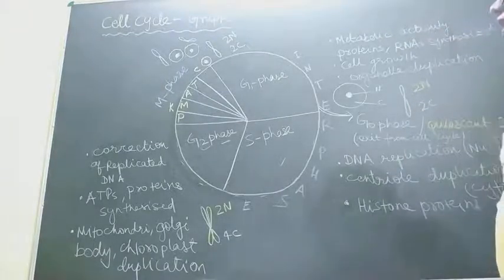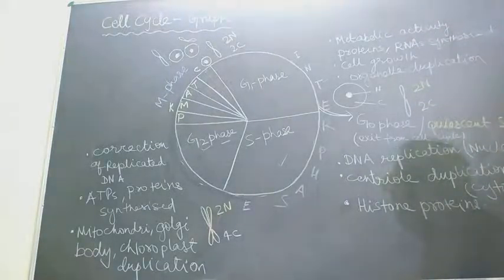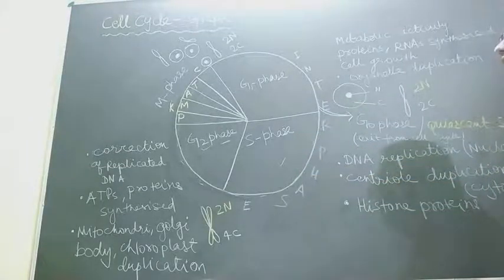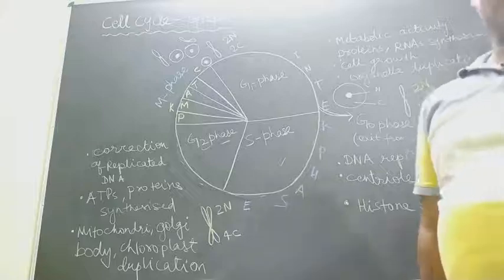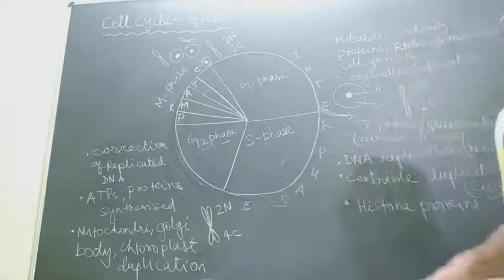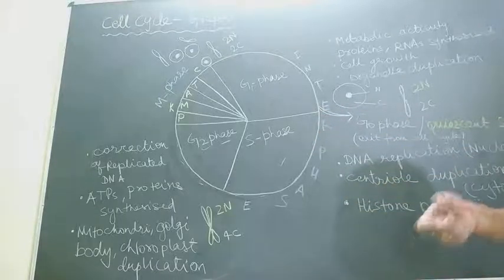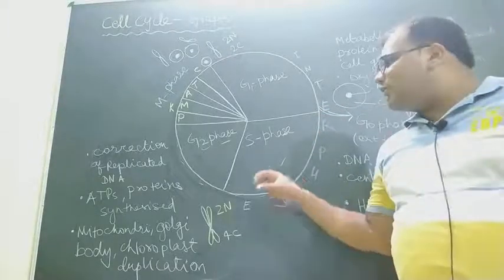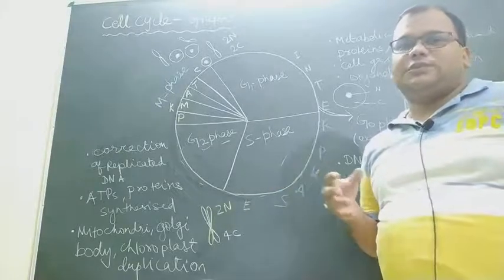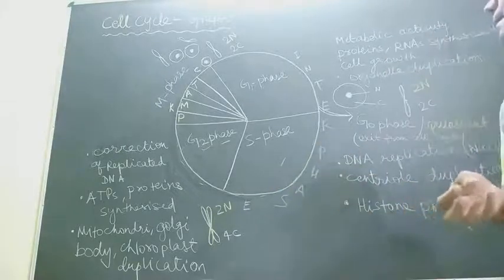One more thing is related to this topic, that ये जो सारे events हो रहे हैं, these events are very much regulated by the cell genome. जो भी न्यूक्लियस है इन सारे इवेंट्स को बहुत बारीकी से रेगुलेट करता है. All the events are very much regulated with the help of certain enzymes and proteins.